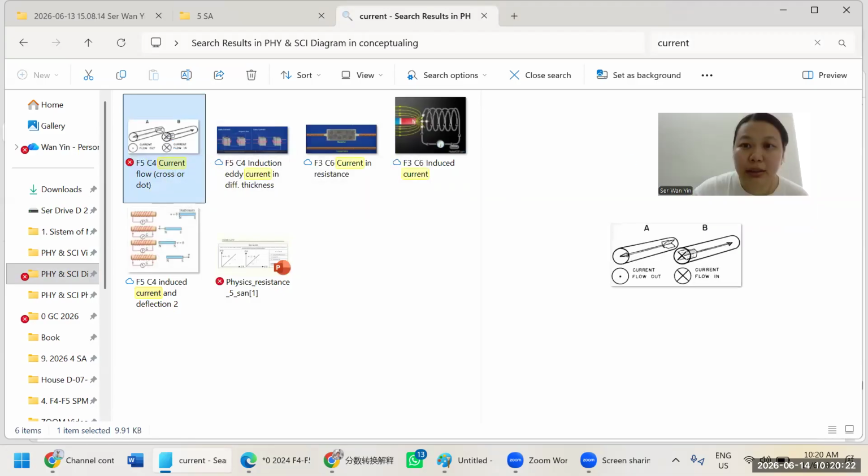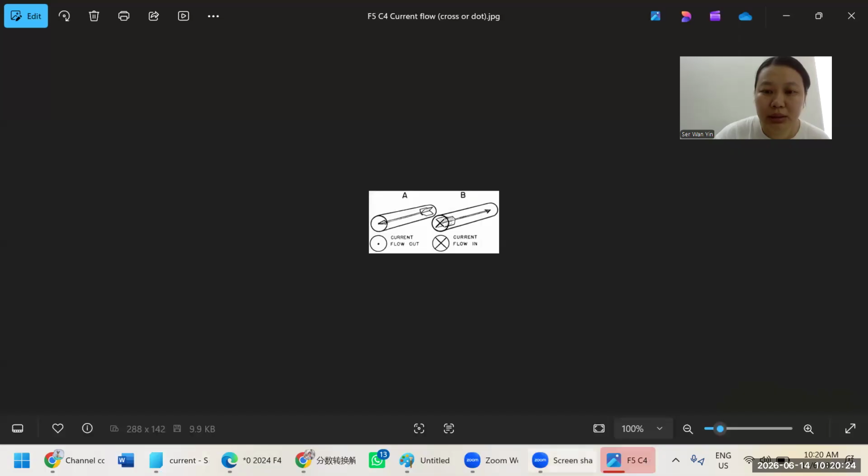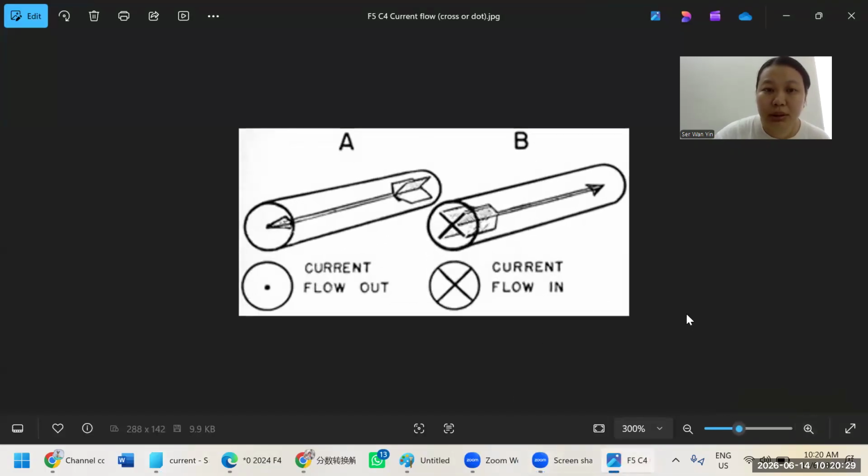The current direction we count in this way: dot and cross. If our eye is here, we will see the current flow towards us, which means a dot. When you find a book or some source, YouTube or whatever, they will say current flows out, current flows in, up from paper, but I feel it's confusing for you.